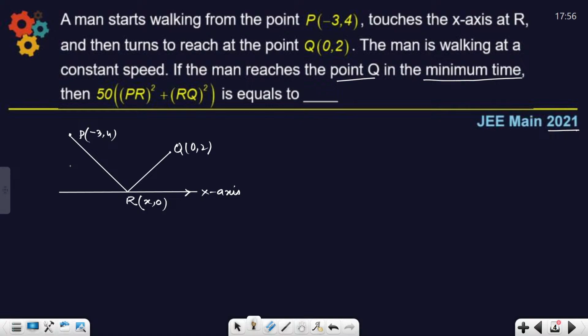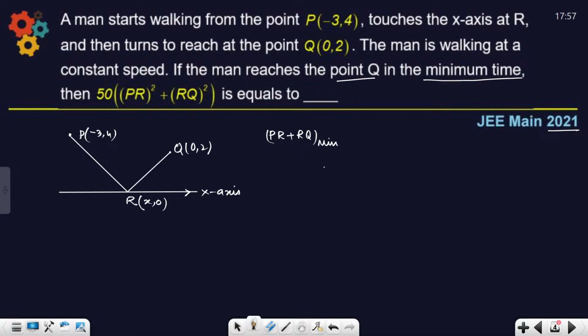Since the man is reaching from point P to point Q in minimum time, he is traveling the minimum distance. That is, we want to minimize PR plus RQ. We will minimize this.